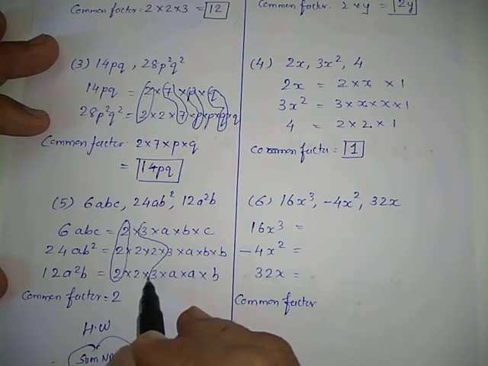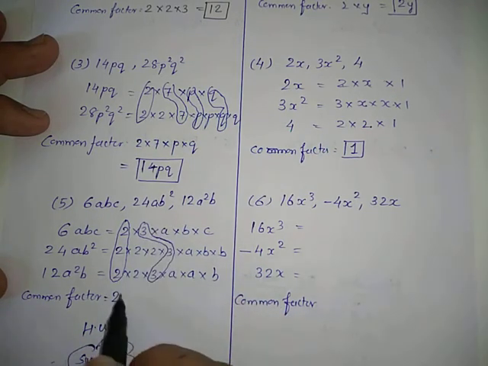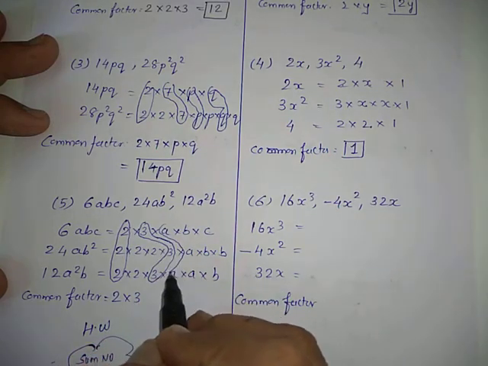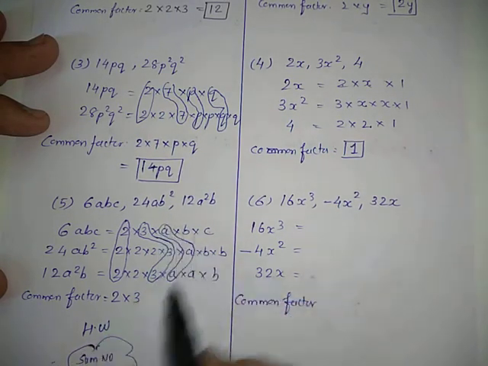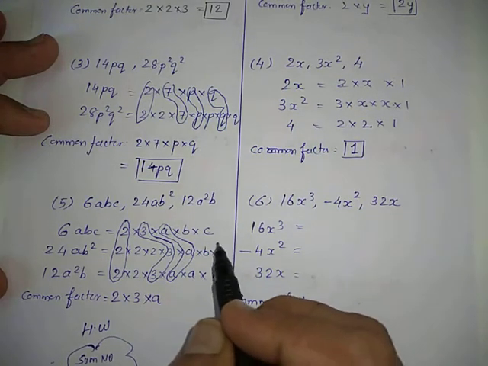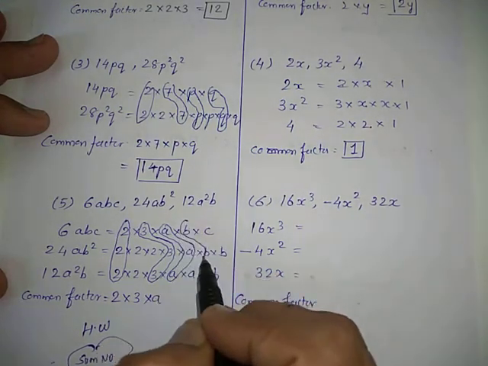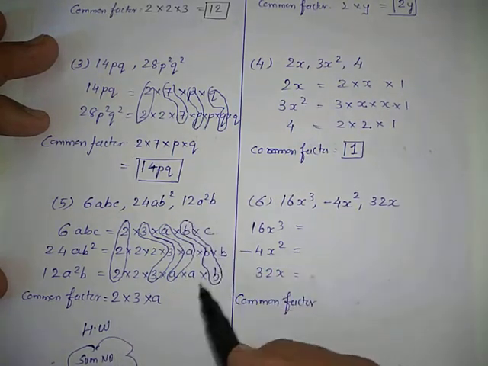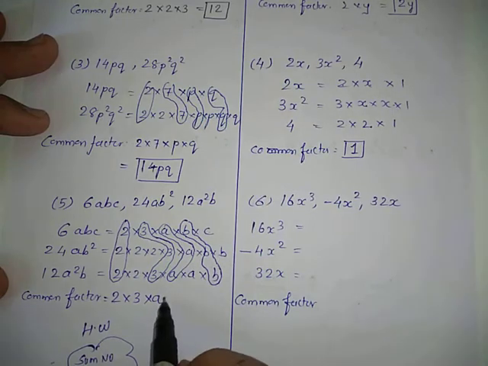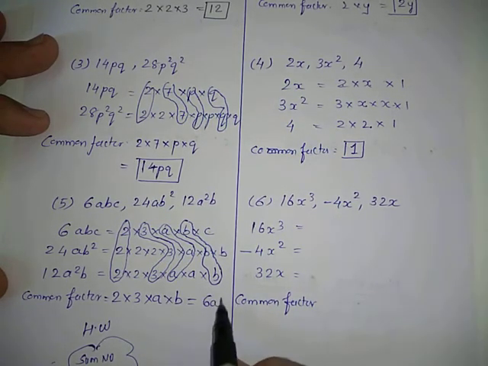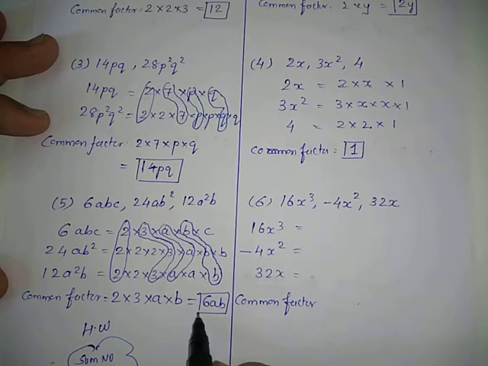Then 3 we find, so 3 is common. Then 1 time a is common, into a. Then 1 time b also is common. Now c is not common for any. So if we find the product, 6ab is the common factor for this.